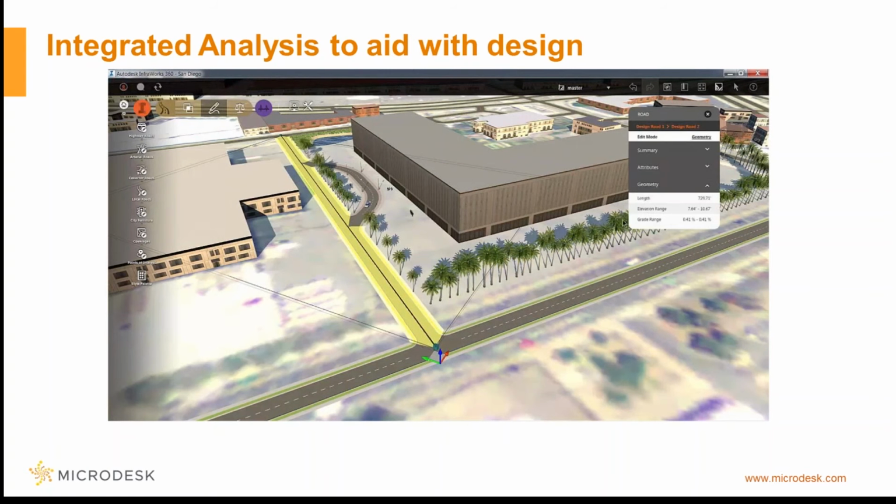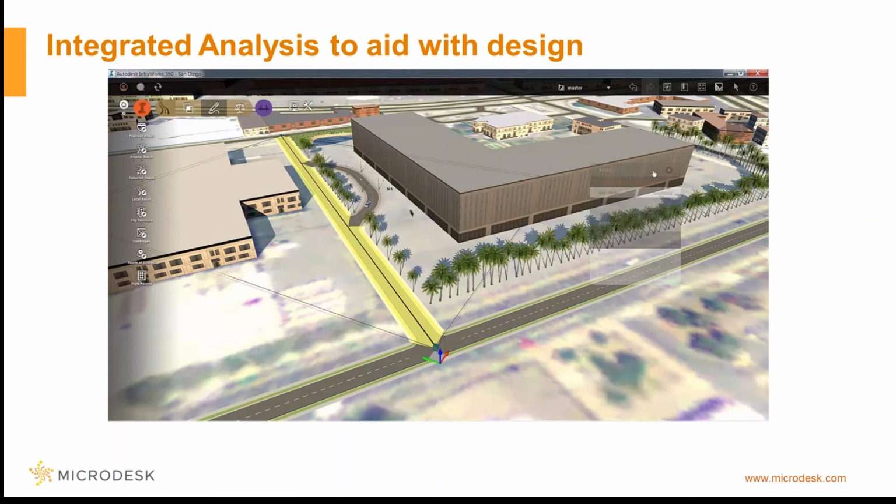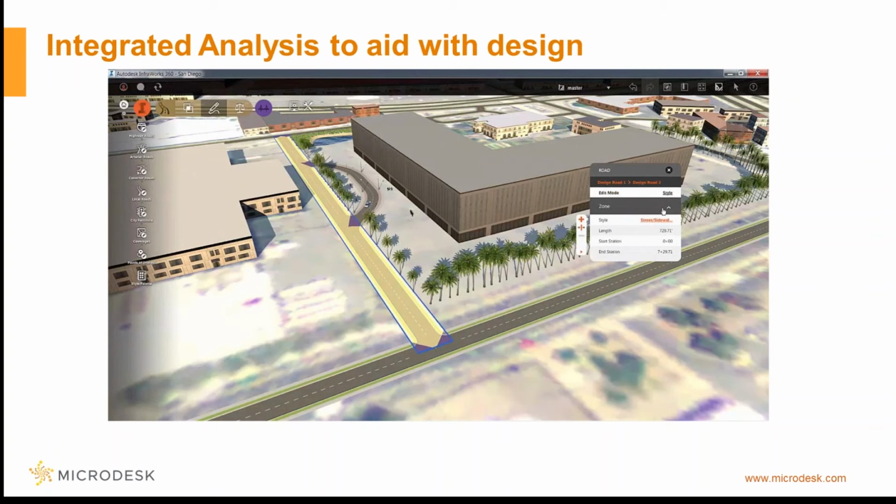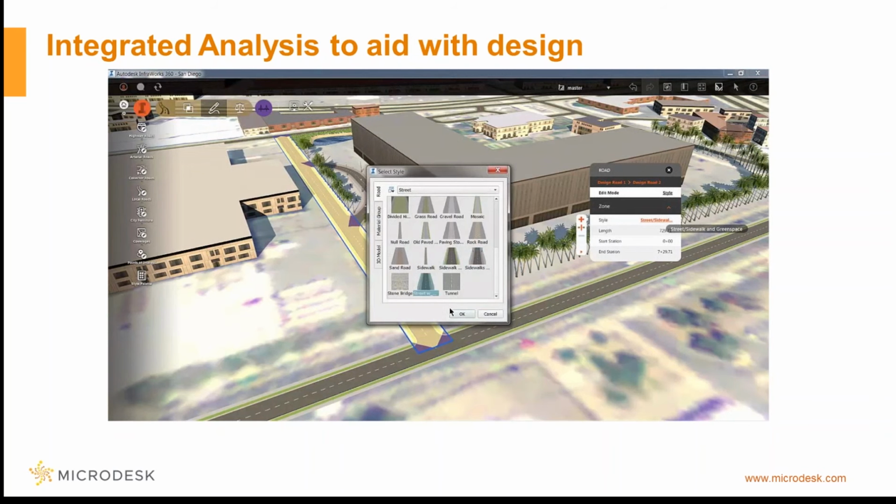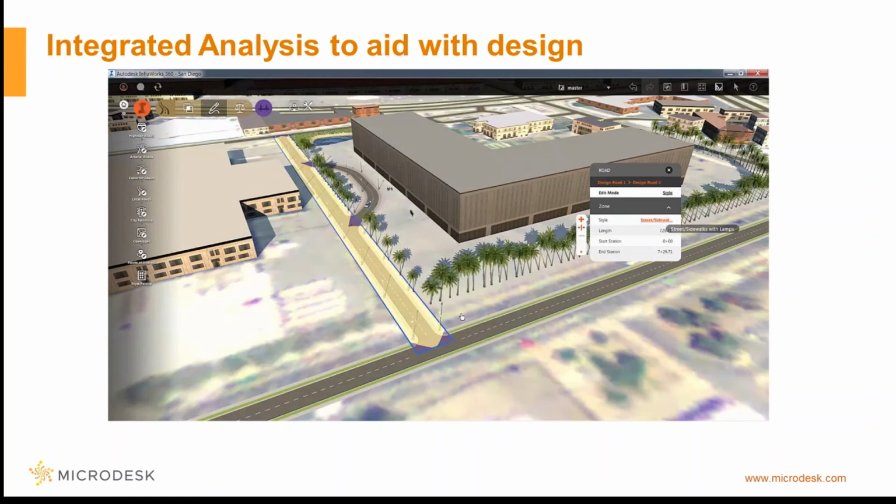And that will give you your asset card, which is this palette right here. So it's very similar to, you can call it a road palette, where you can modify the style, modify the geometry, and then perform analysis as well.